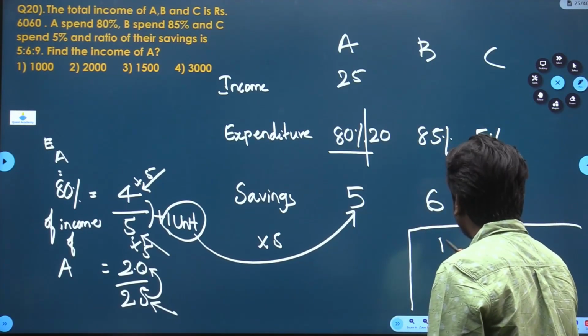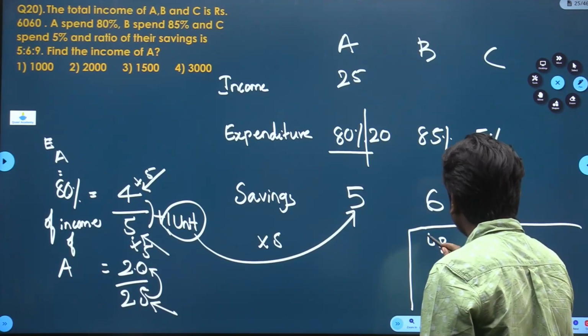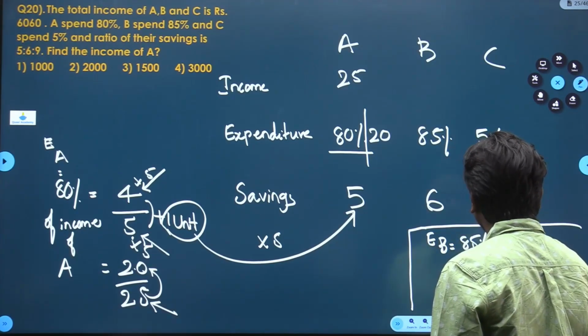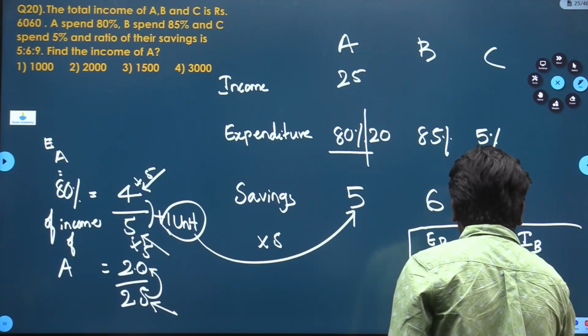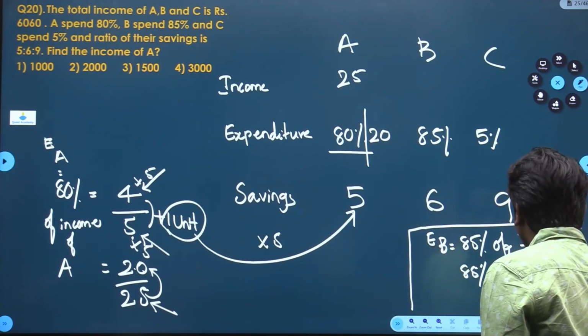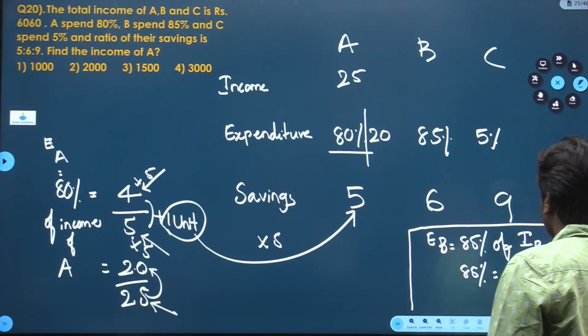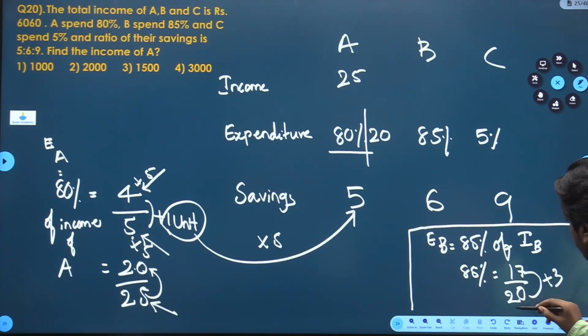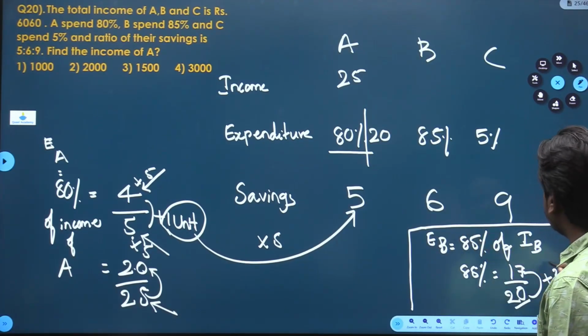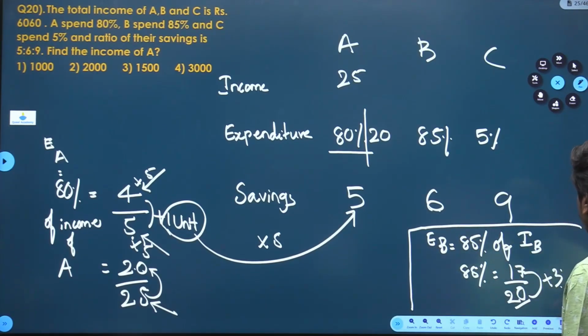Expenditure of B is 85% of the income of B. 85% means 17/20. Here 20 units is the income of B, 17 units is the expenditure of B, so 3 units is the savings of B. 3 units represents 6, so each unit is 2.